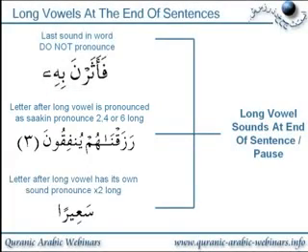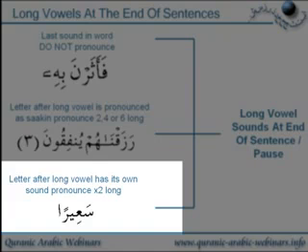And the last example is the letter after the long vowel has its own sound, pronounced as 2 long. So here's the example. We've got sa'ira. That last ra is 2 long, and that will be covered in another lesson. However, pretend we're stopping. So effectively you've got the long vowel e, and then you've got another sound as you stop.